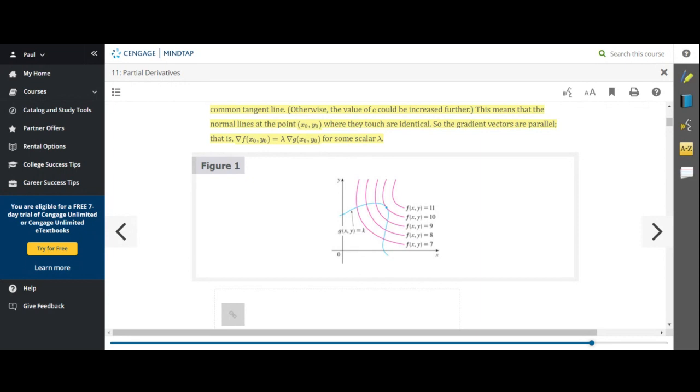Do you see those level curves and that blue constraint equation? If we want to know the largest value of the function such that the constraint is satisfied, do you see it has to equal 10 based on the picture?